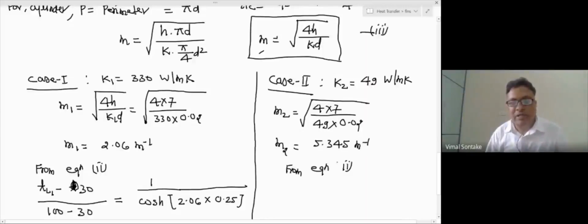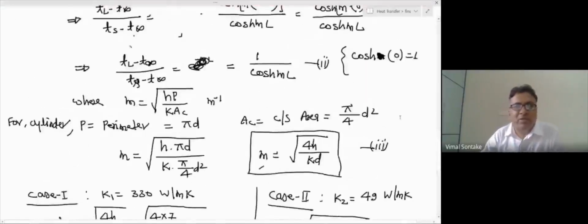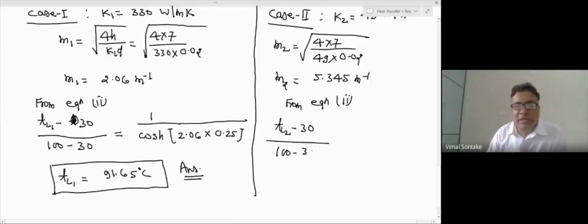And further from equation 2, we have the equation number 2. Now (TL2 minus 30) over (100 minus 30) will be equal to 1 over cos hyperbolic of 5.345 into 0.25.